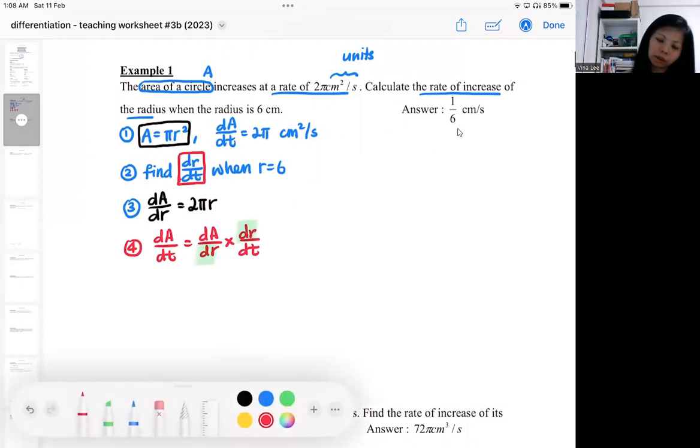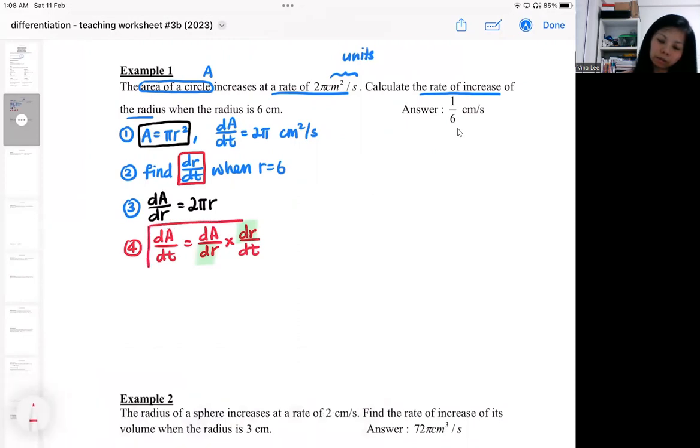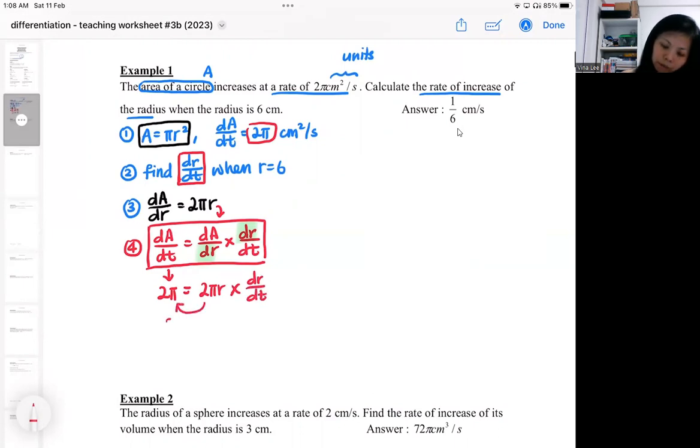With this generic formula, I insert whatever I have. dA dt is this one. dA dr is whatever I just differentiated. And I'm supposed to find dr dt, so I'm just going to be dividing over.